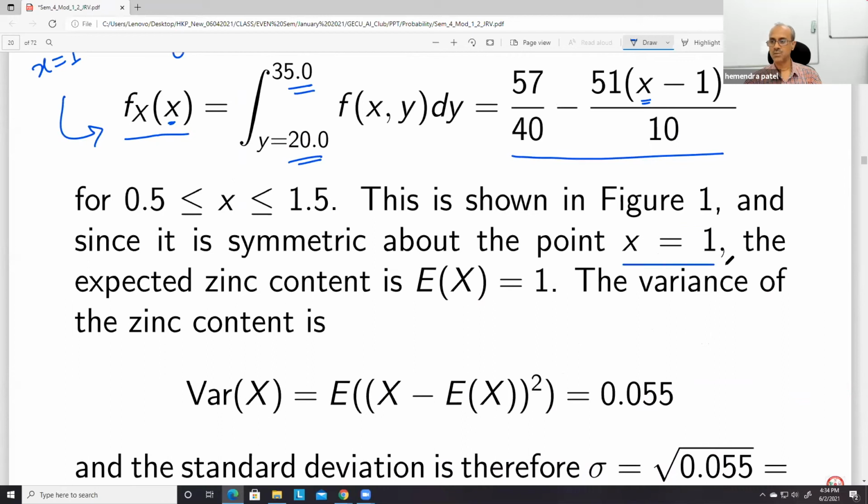Okay, x is equal to 1 is the expected or mean value, and any probability term, mean value is denoted by mu x or Ex. Okay, so Ex is equal to 1.